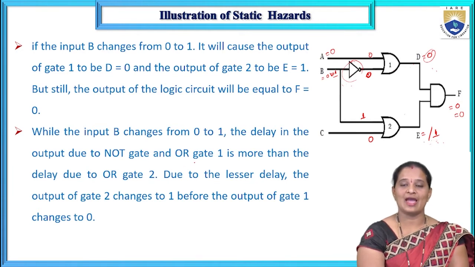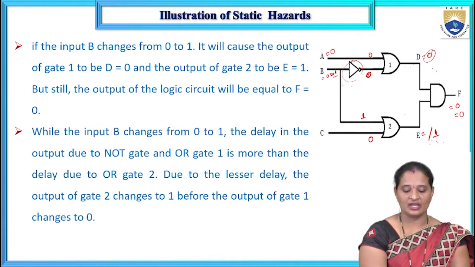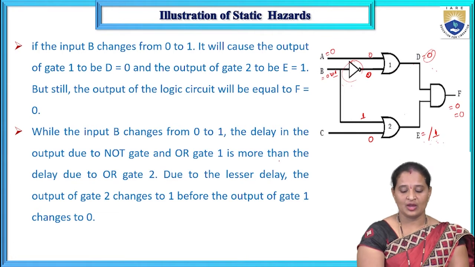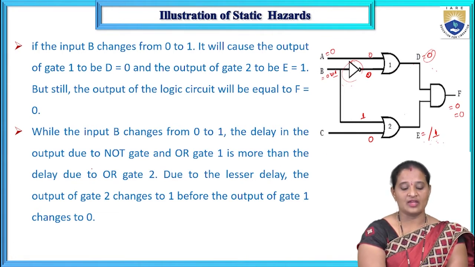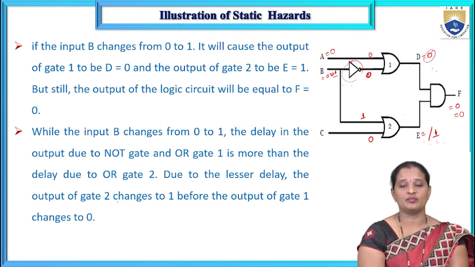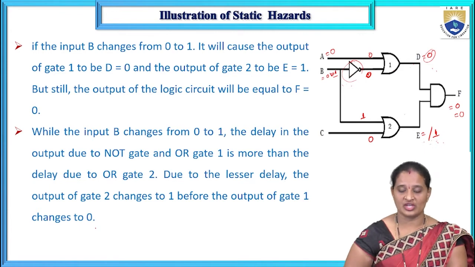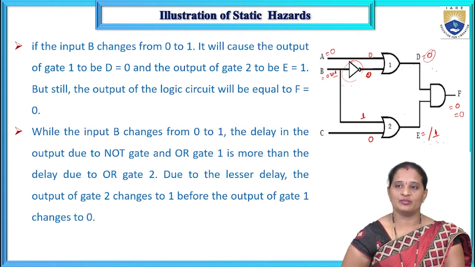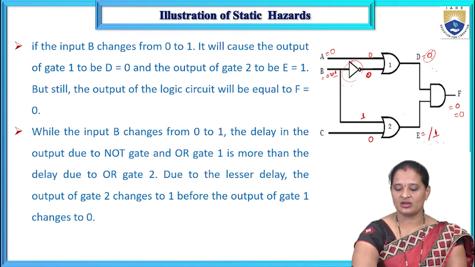So while the input changes from 0 to 1, the delay in the output due to the NOT gate and OR gate 1 is more than the delay due to OR gate 2. Due to the lesser delay, the output of gate 2 changes to 1 before the output of gate 1 changes to 0. Initially, when both inputs are 0, it was 1, and it has to change to 0 now.